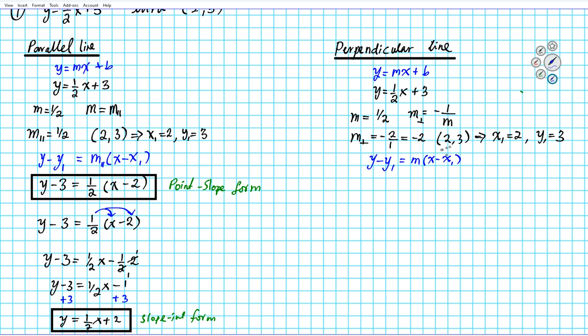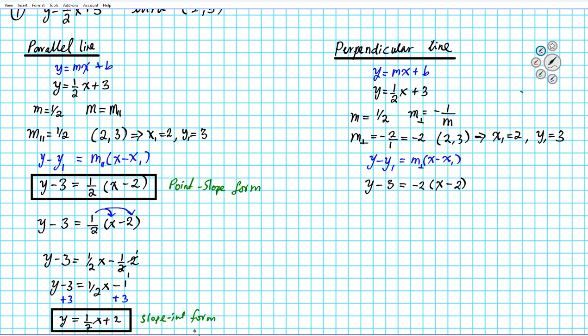This time we use m perpendicular, since we're dealing with perpendicular. So if we substitute, y minus y1, which is 3, is equal to m perpendicular, negative 2, the negative reciprocal of 1/2, times x minus x1, which is 2.